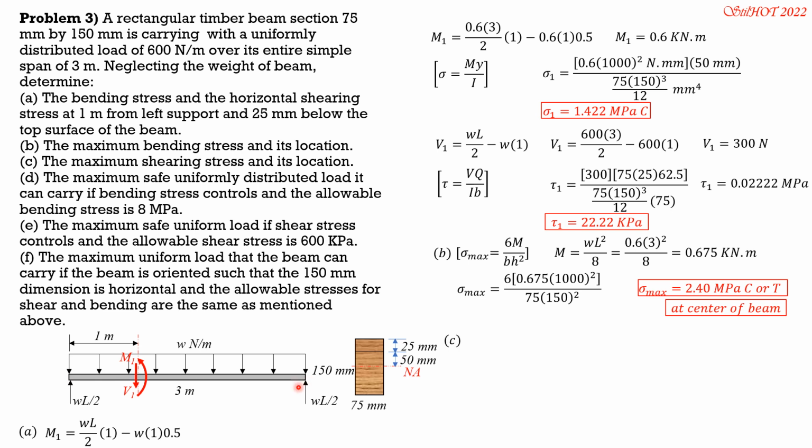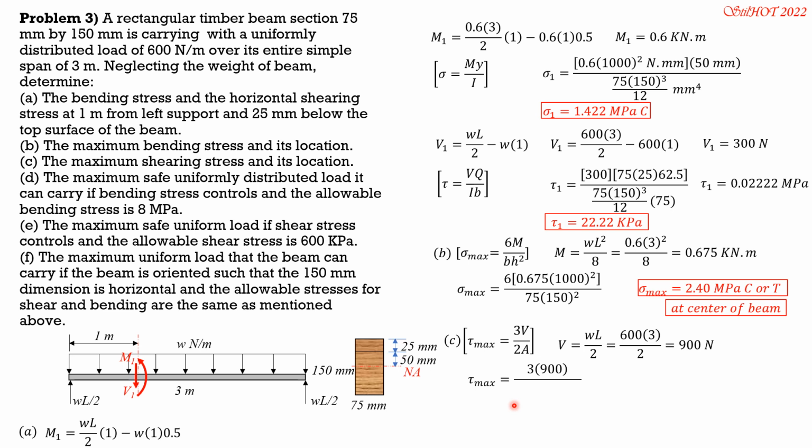So for letter C, tau max equals 3V over 2A, if you can remember, for rectangular sections. Then maximum shear is WL over 2, which is 600 Newton per meter times 3 over 2, and that is 900 newtons. So V in newtons, area in mm square, so that would be in megapascals.